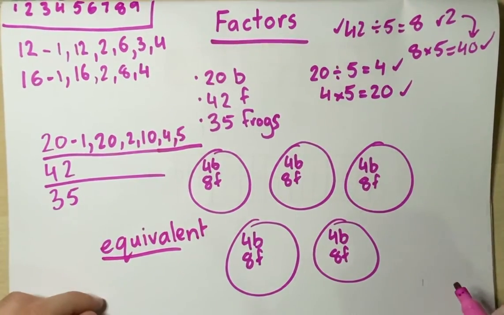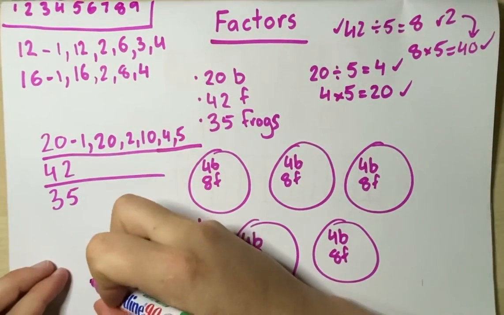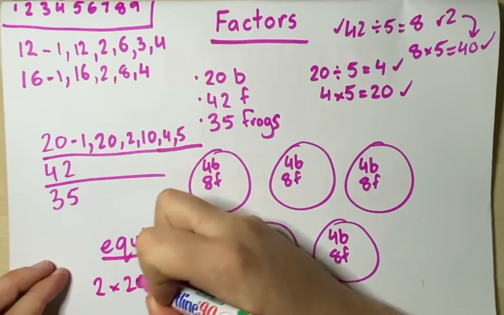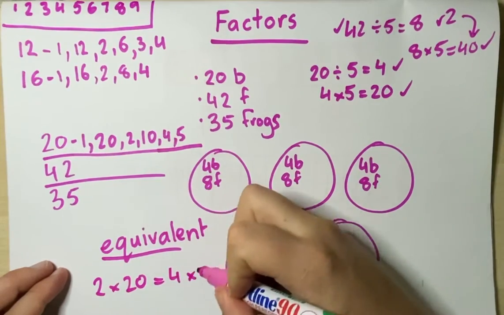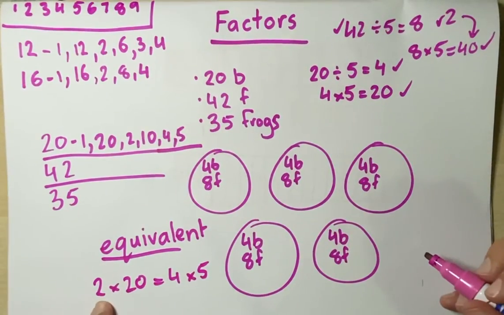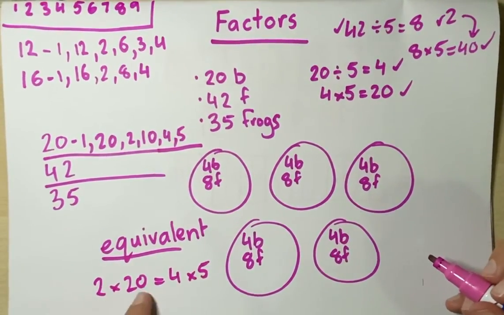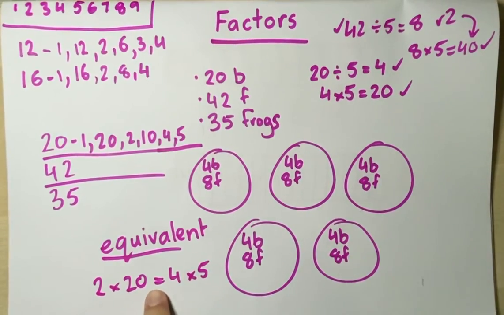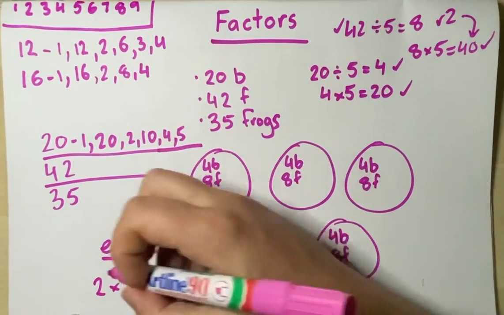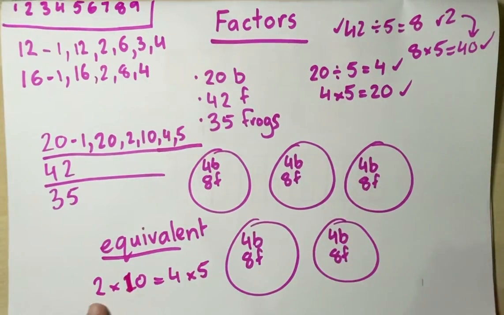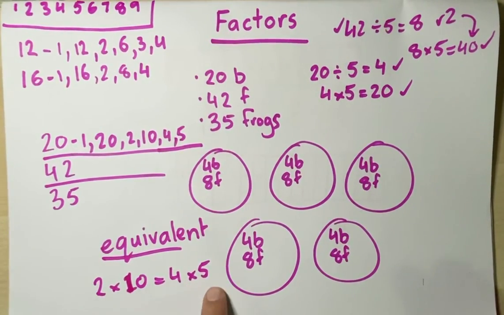Equivalent means the same as, so an equivalent number sentence would be something like 2 times 20 equals 4 times 5. So it's essentially asking you to do two sets of factors next to each other using an equal sign because they both mean 20. Oh, that should be a 10. That's a mistake. And you'd pick that up in your editing. So 2 times 10 is 20. 4 times 5 is 20.